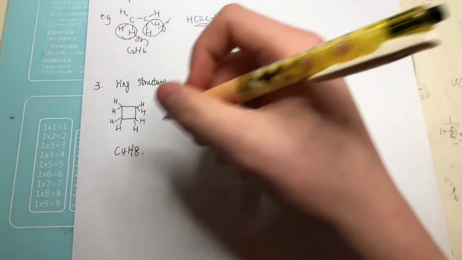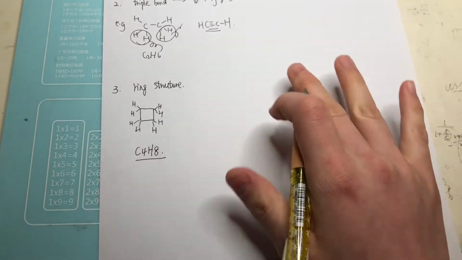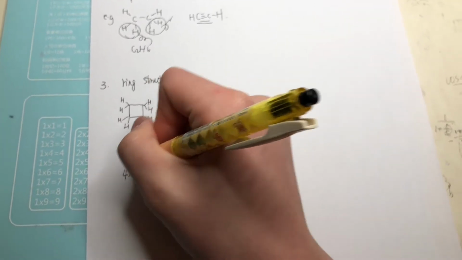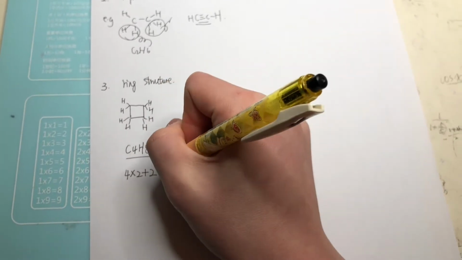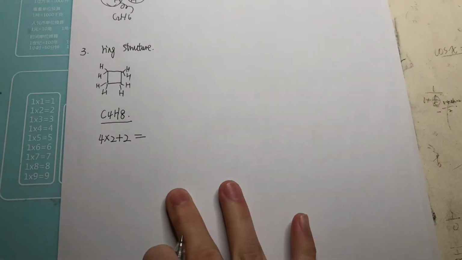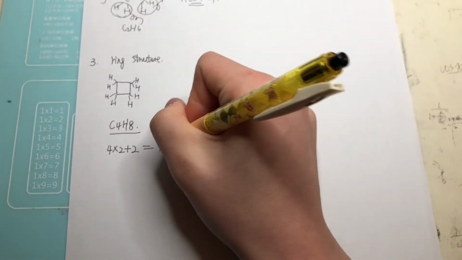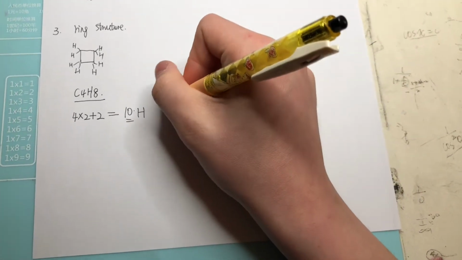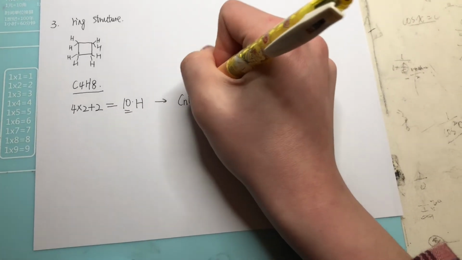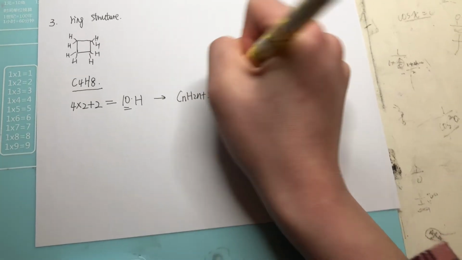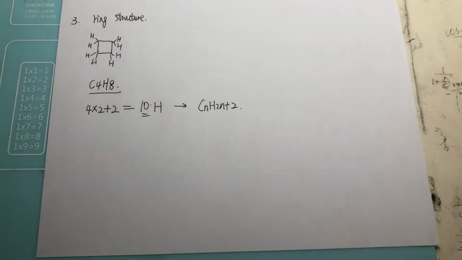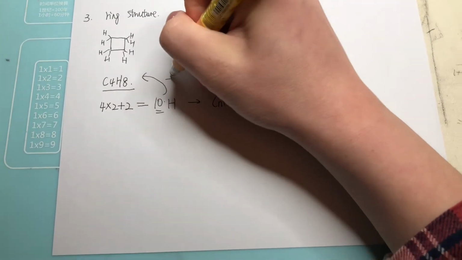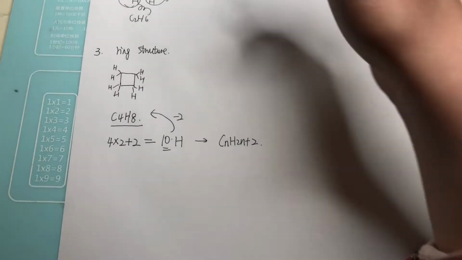But we know the saturated form should have ten hydrogens according to the formula of the saturated form of hydrocarbons. So we can see there is a lack of 2 hydrogens.